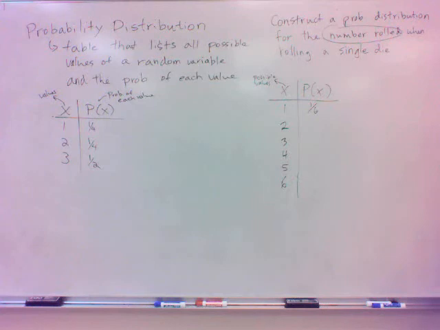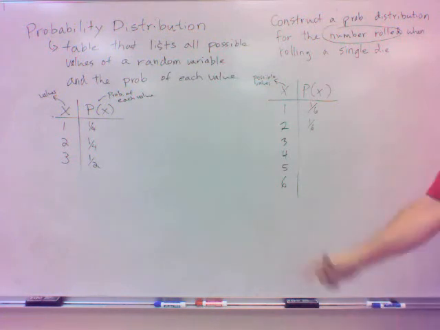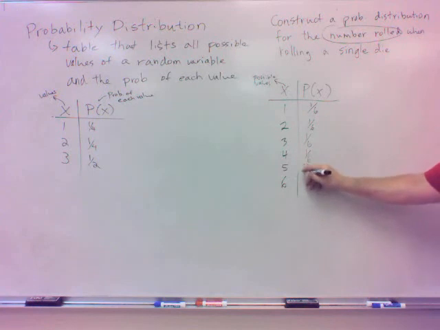It's not 2/6. It's 1/6 again, isn't it? Because there's one 2 out of 6 possibilities. What's the probability I roll a 3? 1/6. Yeah, they're all 1/6. Probability I roll a 3 is 1/6 because there's one 3. Probability I roll a 4 is 1/6 because there's one 4. With me on that? 1/6 all the way down.